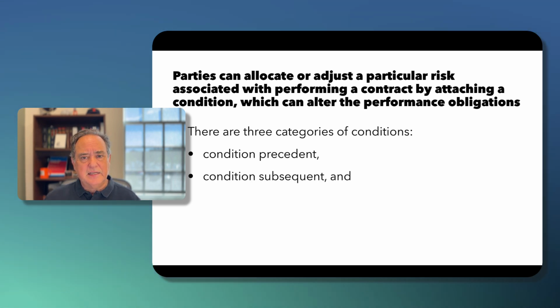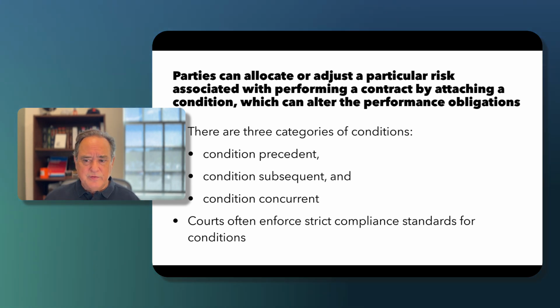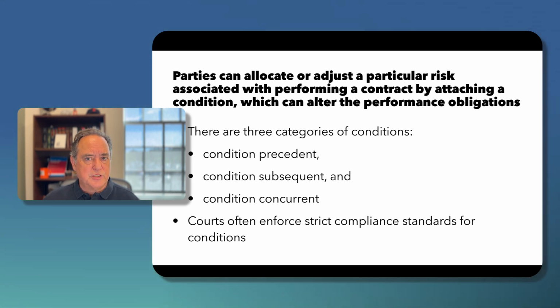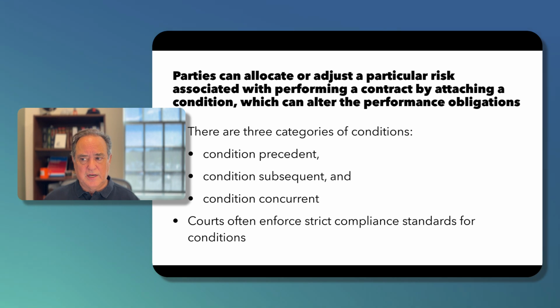The second is condition subsequent. And third, condition concurrent. Now, when these conditions are present in a contract, courts tend to enforce strict compliance standards, meaning the conditions must be met in order to enforce the contract.